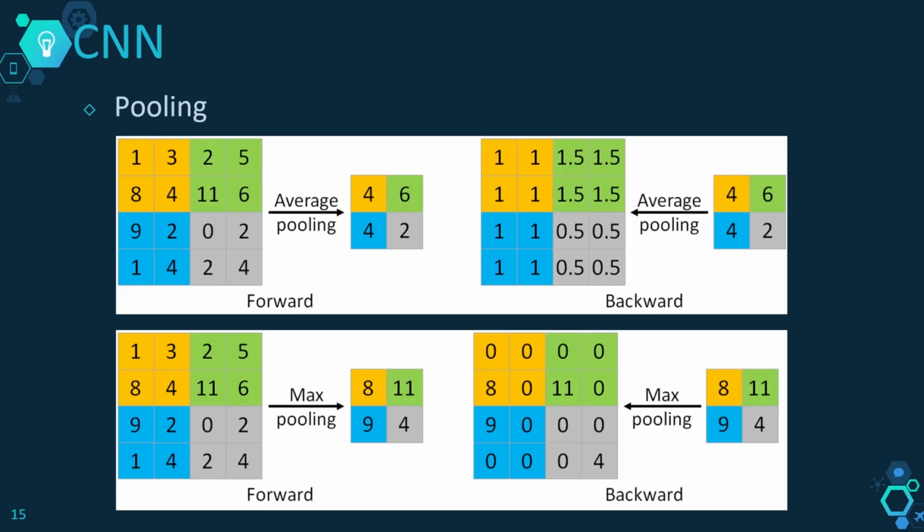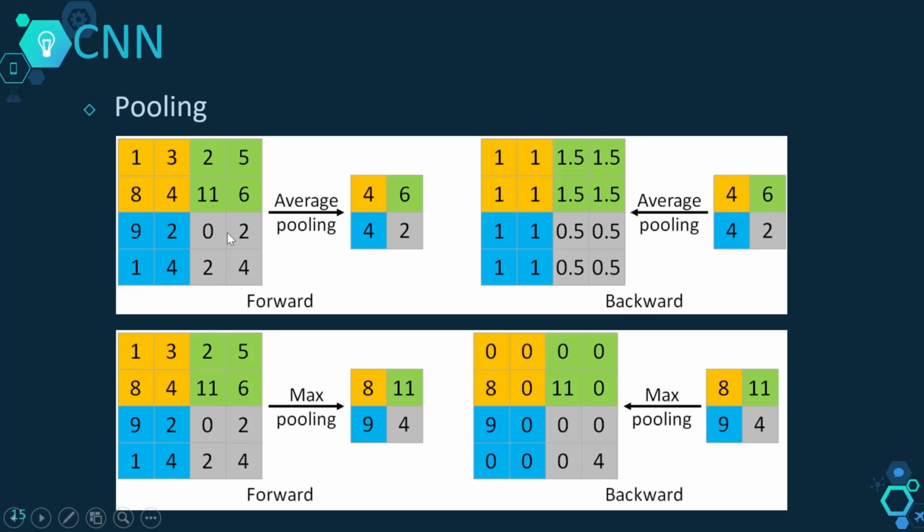For average pooling, we need to have a size. Let's say it is 2 by 2 with a stride of 2. The first window will be here, the next window will be here. So the first will be this yellow one, next the green one, third the blue one, fourth the gray one.